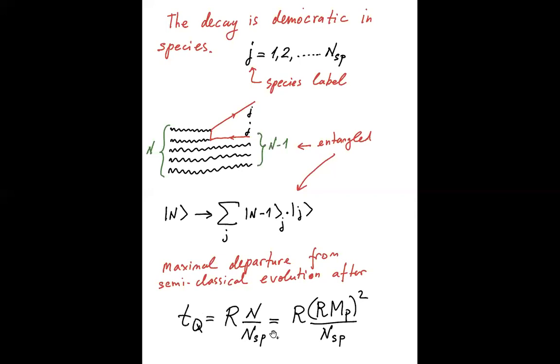Because beyond this time scale, there is absolutely no way to describe what remains of de Sitter as any sensible semi-classical state. It simply becomes intrinsically quantum. Now, this time scale is extremely important, and it's given by this expression. And of course, the number of species increases the rate, and so it makes this quantum break time shorter.